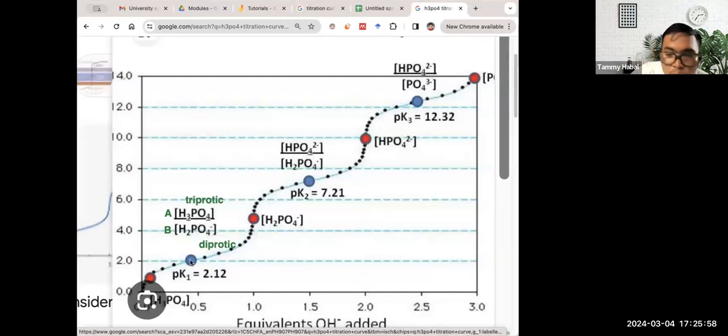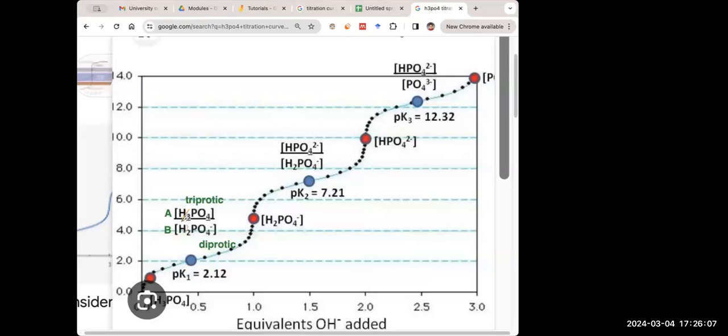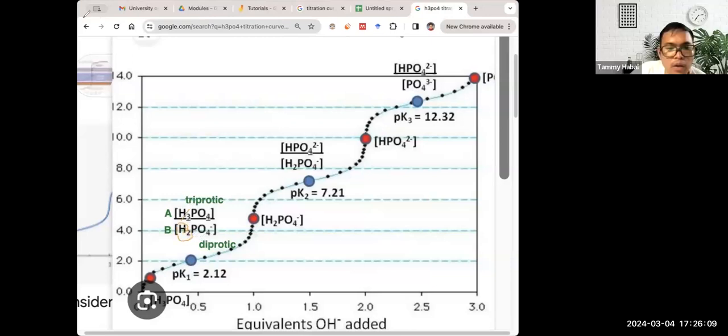So at pK1, previously I told you that the hydrogen here will be removed to form this. Okay, so dito naman, this is your steep curve. So this is the equivalence point. Ayan. Magpa-plateau siya ulit. Although this is your pK2, what happens here in your pK2 is from your, bakit yun?